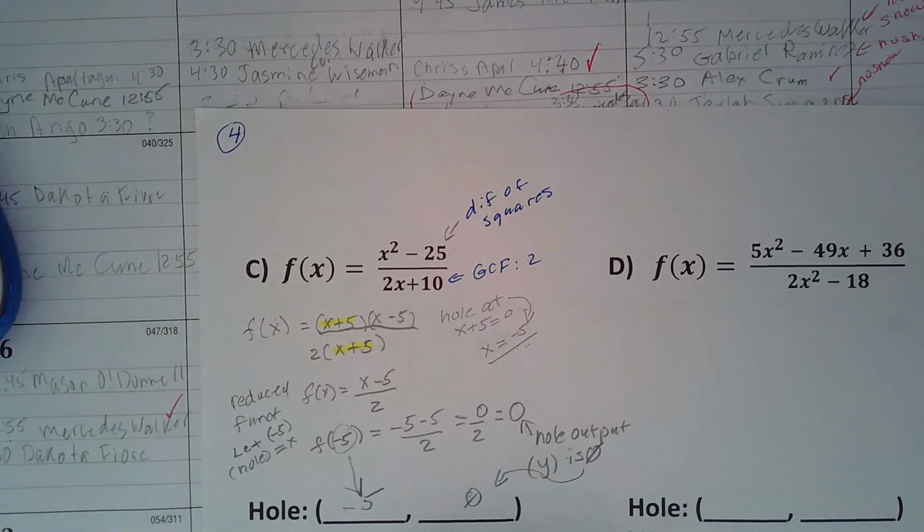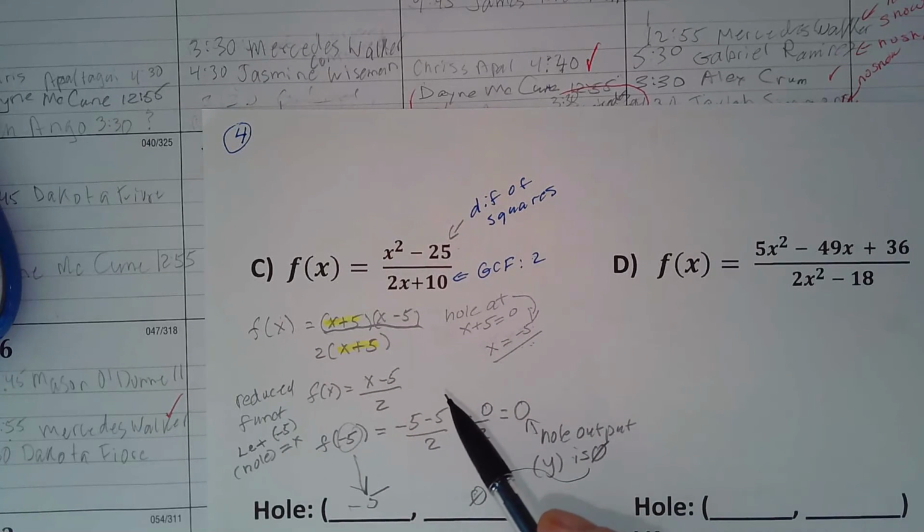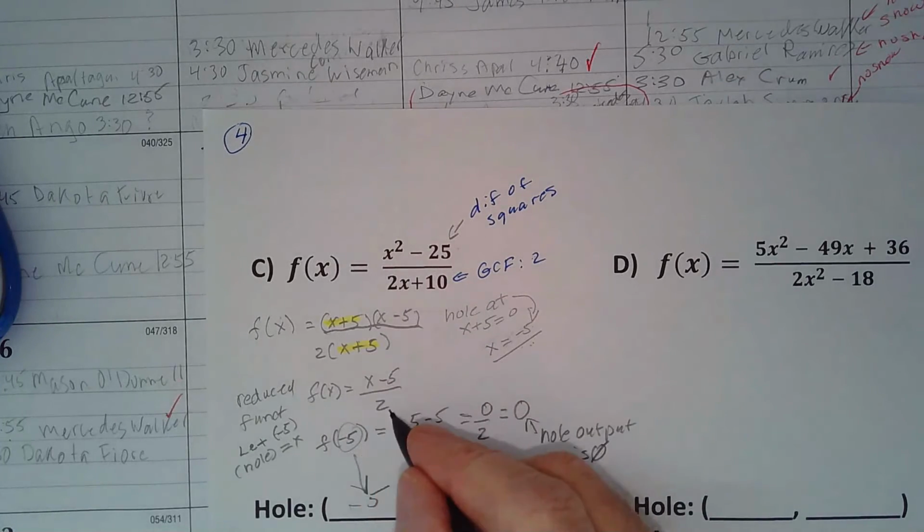Now, the vertical asymptote, as you know, comes from the denominator. And so the denominator up here, what's the denominator left?